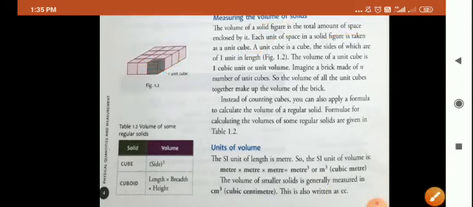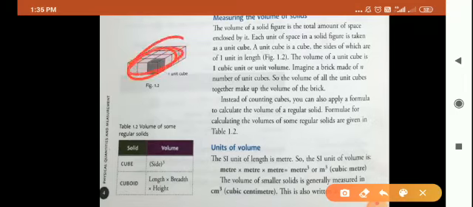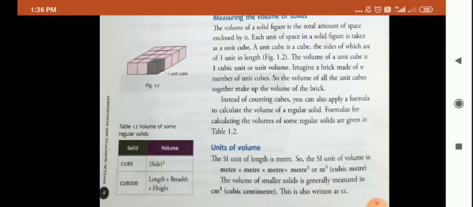Now, how can we find the volume of a solid? See here, I am reading the line. Each unit of the space in the solid figure is taken as a unit cube. Now, children, as you have come up with the definition that the volume of the solid figure is the total amount of space enclosed by it, suppose you have to measure the volume of the solid, so we are going to divide that solid in the form of unit cubes.